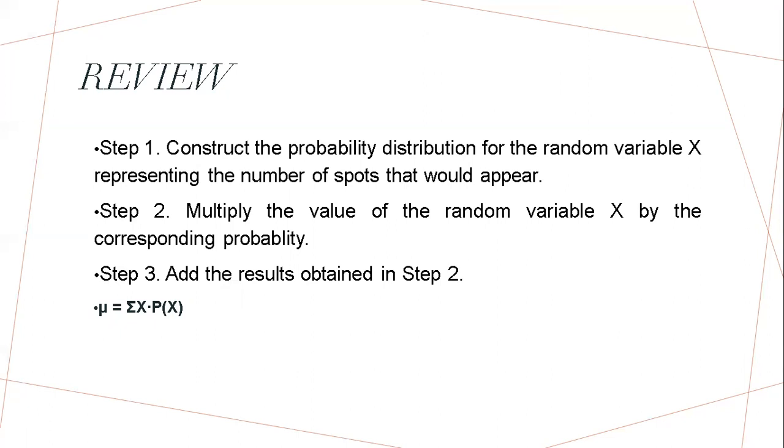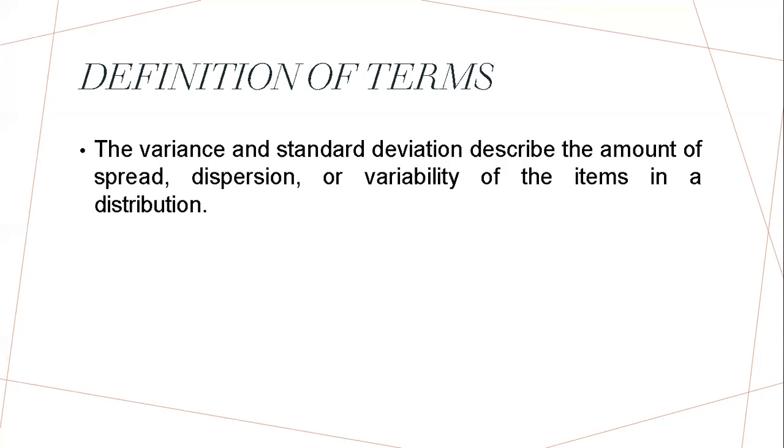Okay. Ayan na. So simulan na natin yung last lesson for chapter 1. Okay. So meron tayong mga terms dito. We're going to encounter different terms, technicality. Kung ano ibig sabihin ng mga terms na to, ma-identify natin to. So the variance and the standard deviation describe the amount of the spread, dispersion, or variability of the items in a distribution.